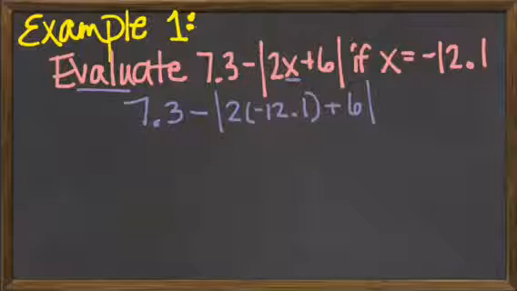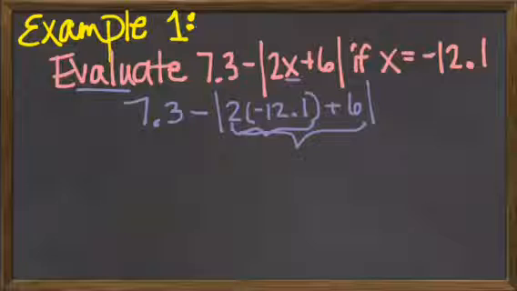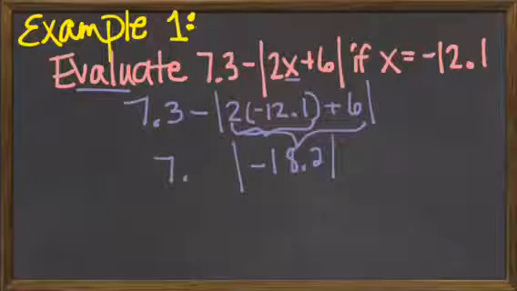So I'm going to do 2 times -12 and 1/10 plus 6. I'm just going to put that all in my calculator, and I am going to get -16 and 2/10. And I'm sorry, that is -18 and 2/10. And so that's in absolute values. I have 7 3/10 minus that.